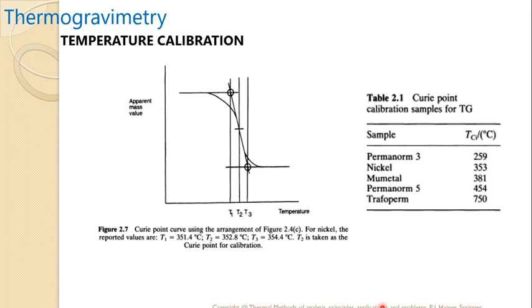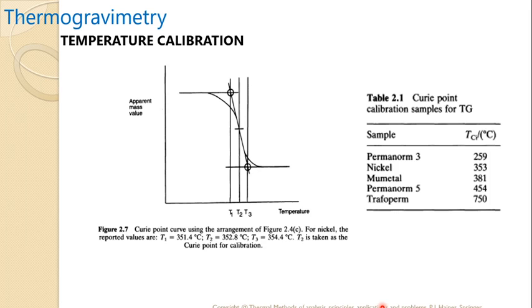In the thermogravimetric run, with nitrogen flow, the force will disappear fairly abruptly at the Curie point, and the abrupt change in mass occurs at that temperature, which is called the Curie point.